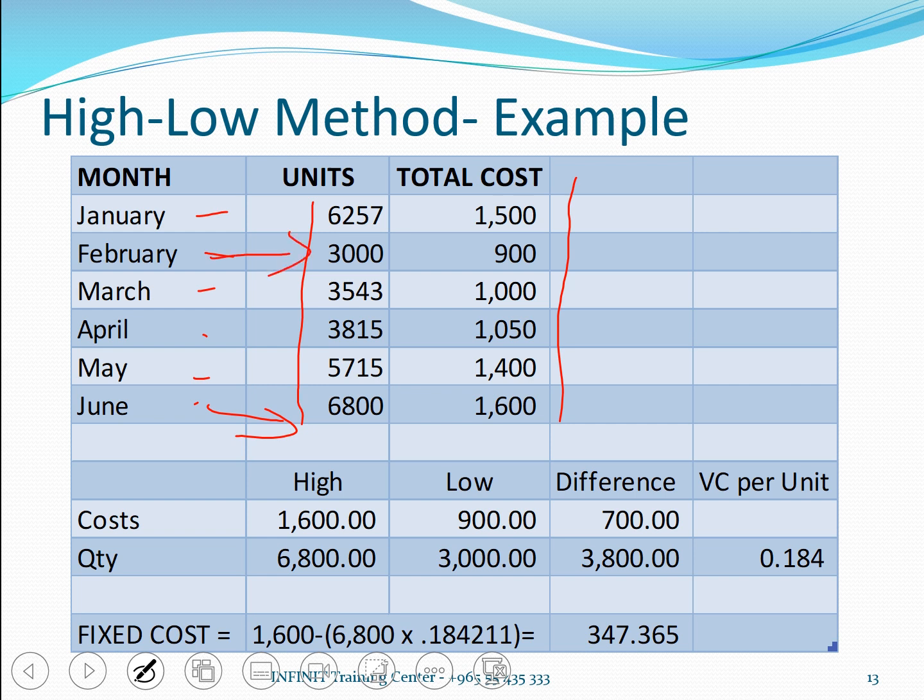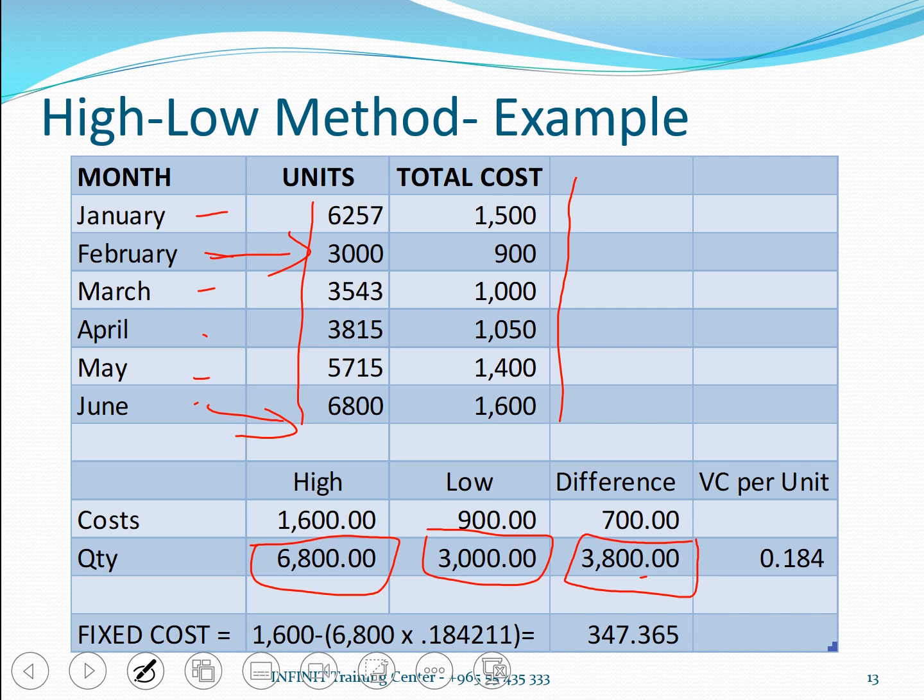Lowest quantity is 3,000, right? So we will find out from 3,000 units, when the production grew to 6,800, okay, so what's the difference? We have 3,800 units increase. From low 3,000 to high 6,800. So the difference in quantity is 3,800.